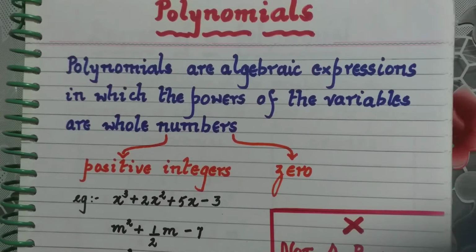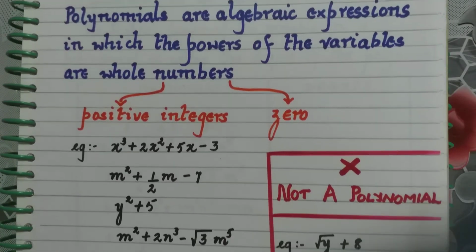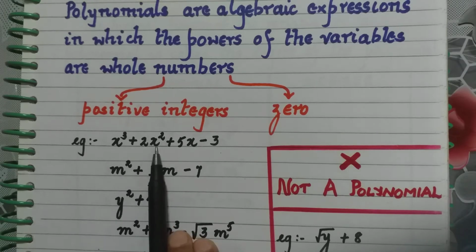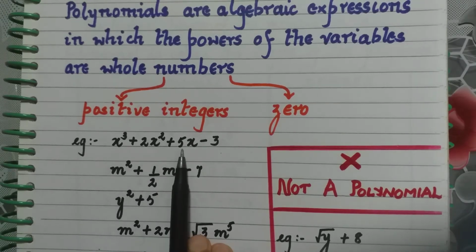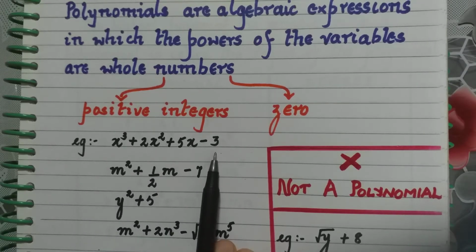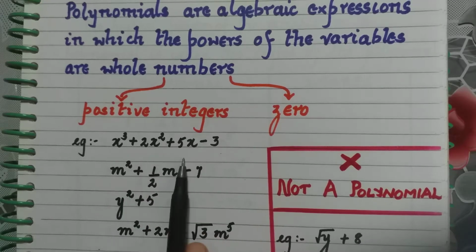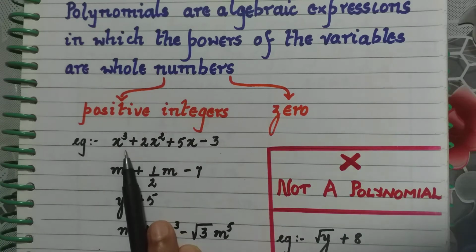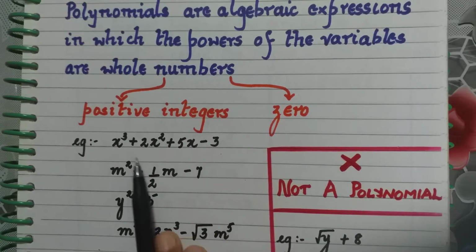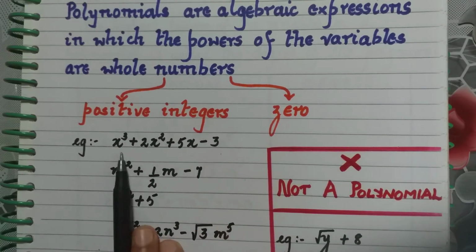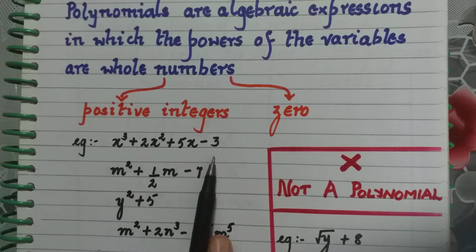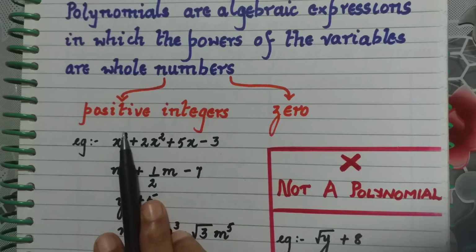The first example you have here is x cube plus 2x square plus 5x minus 3. If you look at the variable here, it is clear that the variable used is x. What are the powers here?